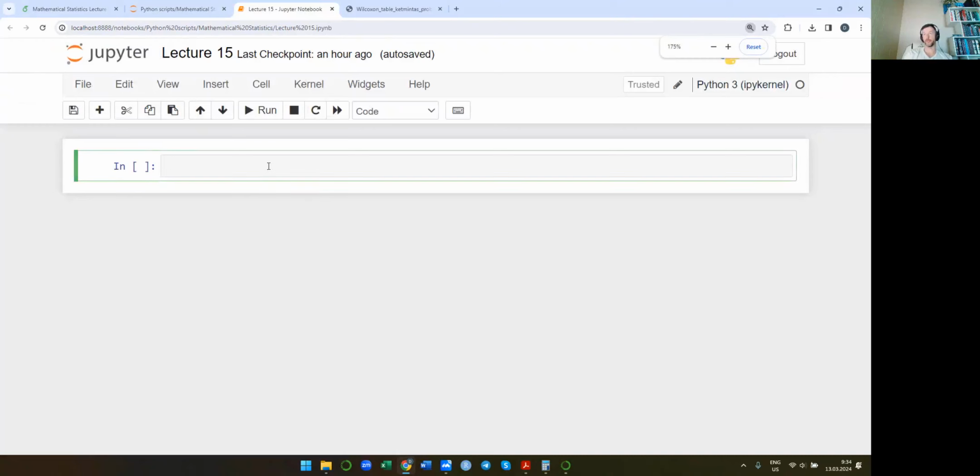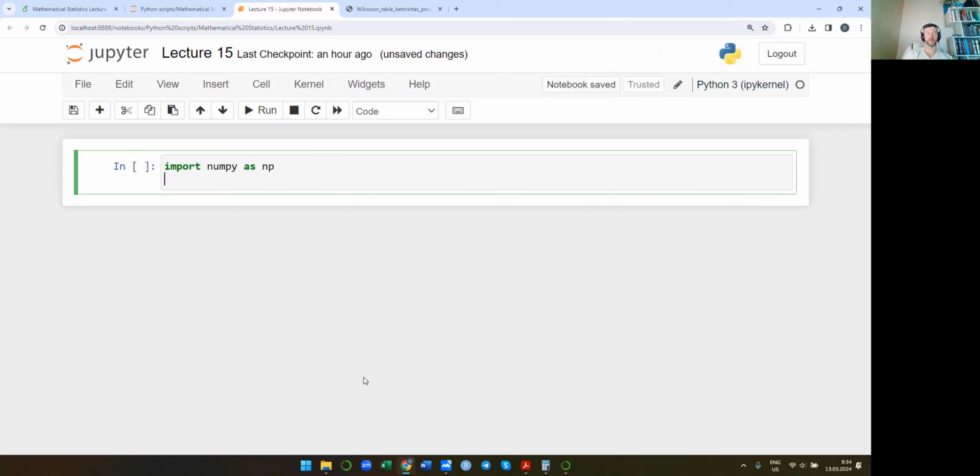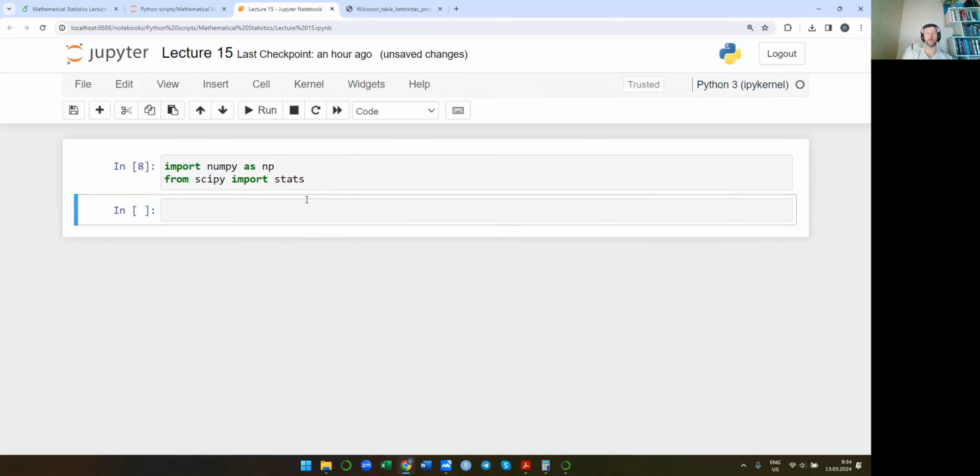Basically, there is a specific function that helps us to implement this Mann-Whitney test. So what we have to do? We have to import the NumPy library, and we have to import stats from SciPy, the familiar stats module from the library SciPy.